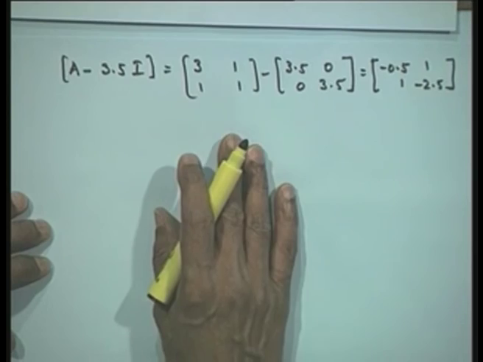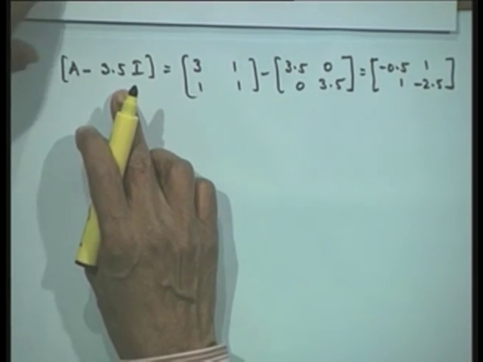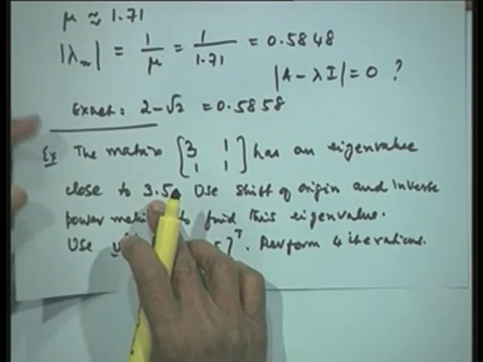Now, the required eigenvalue is the smallest eigenvalue of this, because the eigenvalue is close to 3.5.